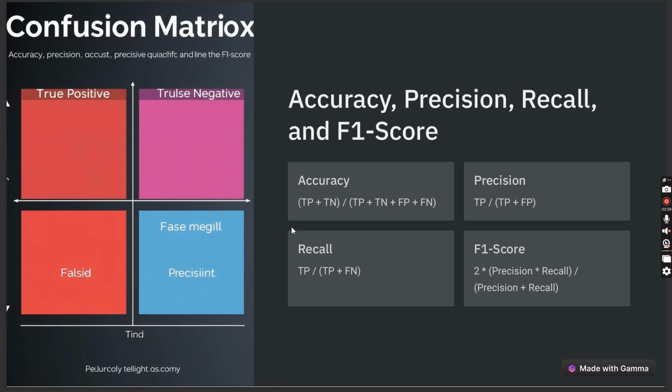The formula for accuracy is TP plus TN divided by TP plus TN plus FP plus FN. Formula for precision is TP divided by TP plus FP. Formula for recall is TP divided by TP plus FN, and the formula for F1 score is 2 into precision into recall divided by precision plus recall.